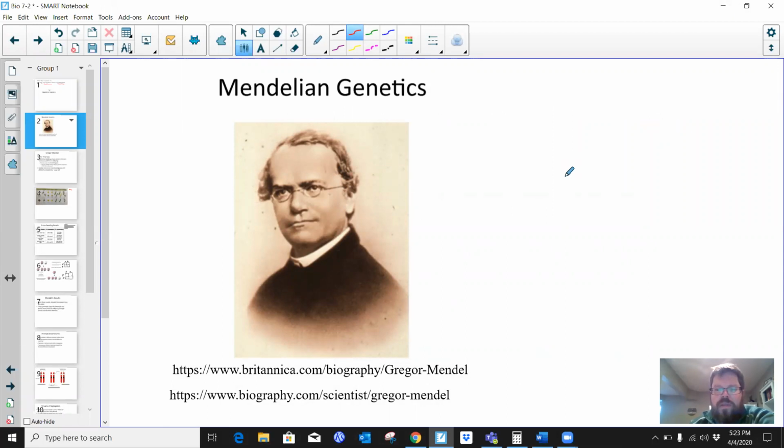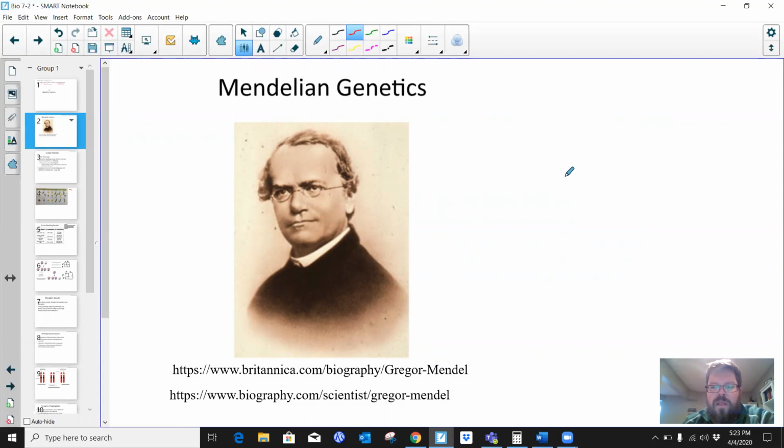So it's pretty cool when you think about this monk meticulously moving pollen from one pea plant to the next in the 1850s, and tracking what he did to the point where he was able to mathematically figure out what lays the groundwork for modern genetics.